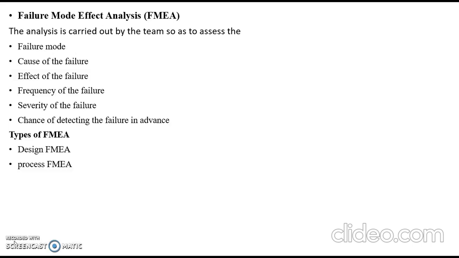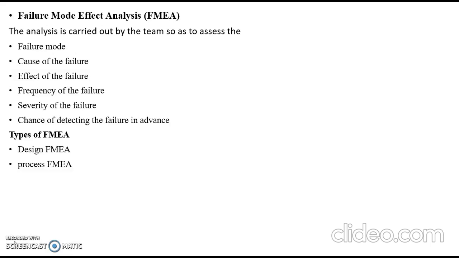Next, the effect of failure. The effect briefly describes the effect of failure on function from an internal or external customer's point of view. This may have an effect on downstream operation. The effect of a failure mode might be very serious or no effect from the customer point of view.